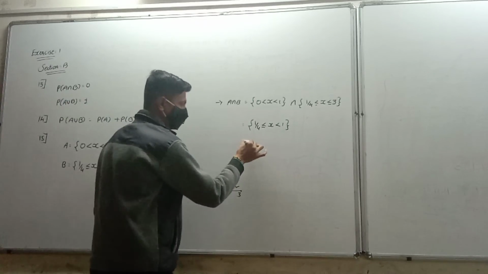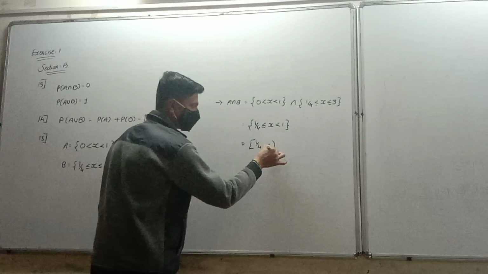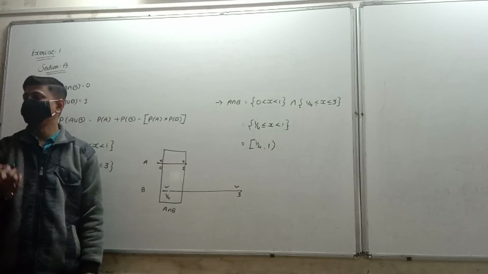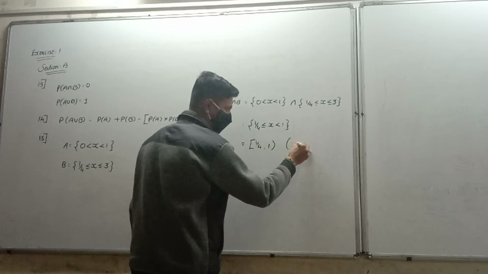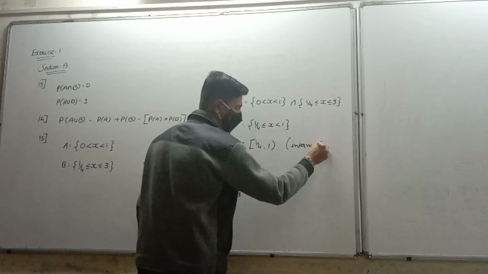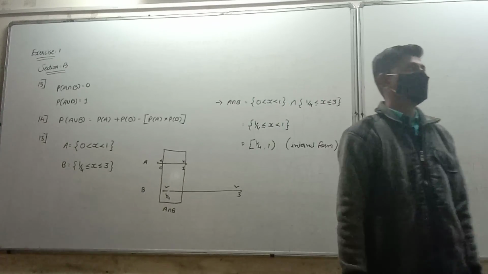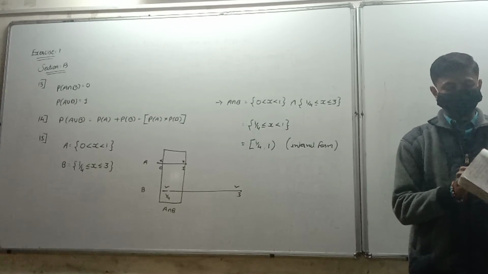So your answer is in big bracket 1/4 comma 1 in small bracket. Not 1 and 1/4, but 1/4 to 1 in interval form. If you draw the diagram, you will properly know what answer you have to write.